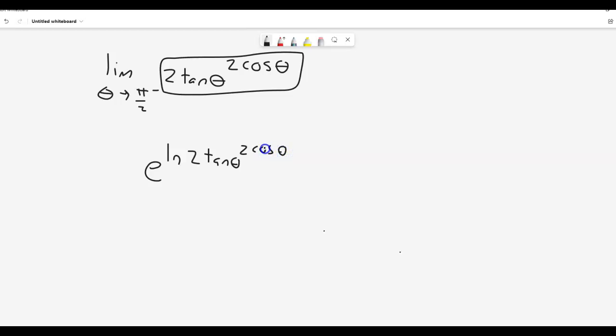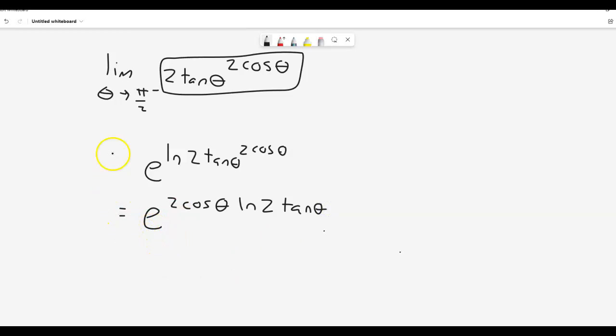The reason I did this is because, since these cancel out, these two functions are essentially the same, except now we can use the rule of logarithms in order to move this exponent out in front of this natural log here. So this is going to be equal to e to the 2 cosine theta natural log of 2 tangent of theta.